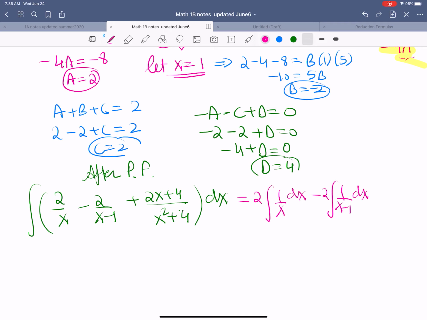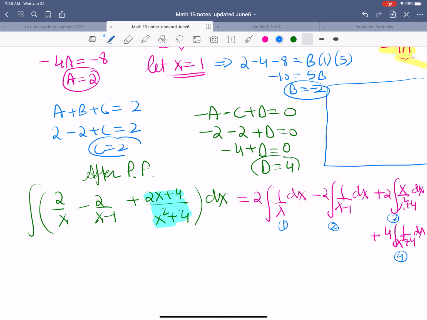And then I'm going to break the 2x plus 4 over x squared plus 4 into two separate fractions. So I would have plus 2x over x squared plus 4 dx, and then plus 4 times 1 over x squared plus 4 dx. I'm going to call them number 1, 2, 3, 4. There are 4 integrals, so I'm just trying to show you that there are 4 integrals.